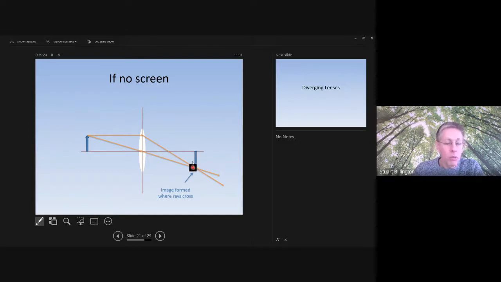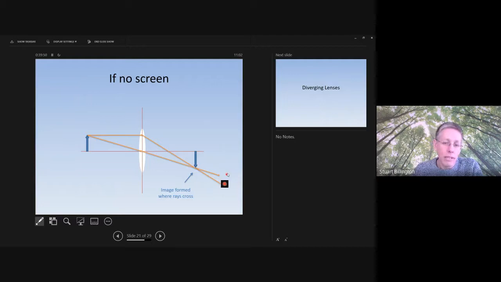But if we don't place a screen here, these rays of light will carry on zooming through the lens past this place where the image would form, and they carry on off into space, and notice that they are diverging away from the tip of this arrow.